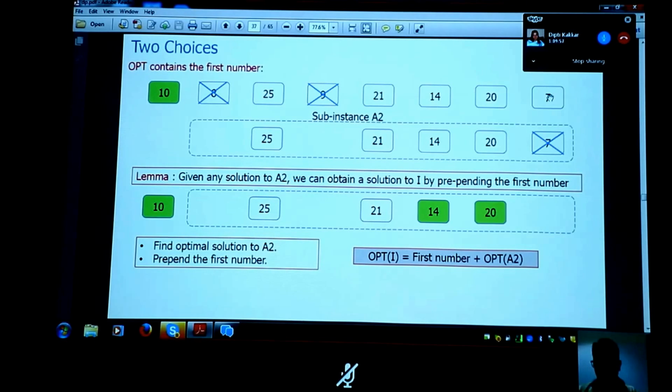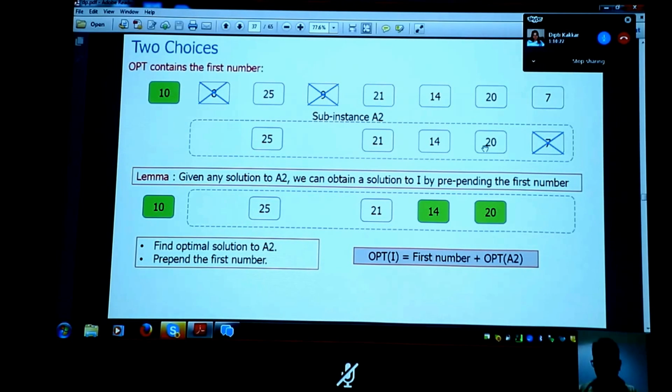So then the sub-instance would be this, right? You'll get 25, 21, 14 and 20. These are all the people who are remaining, right? So now you have to solve this sub-instance, 25, 21, 14, 20, recursively and find the optimal, right?